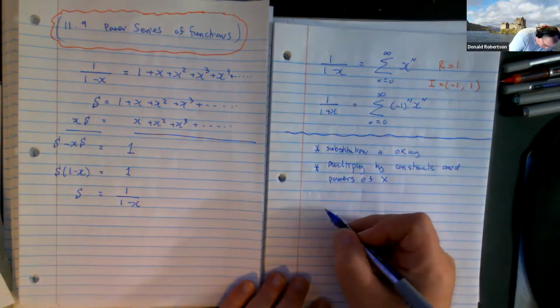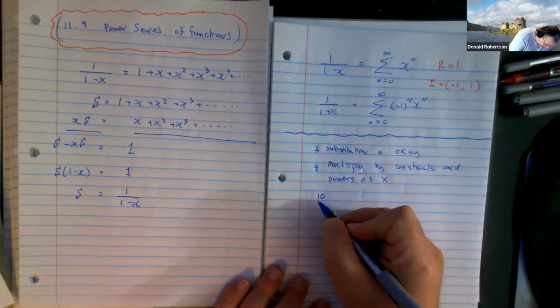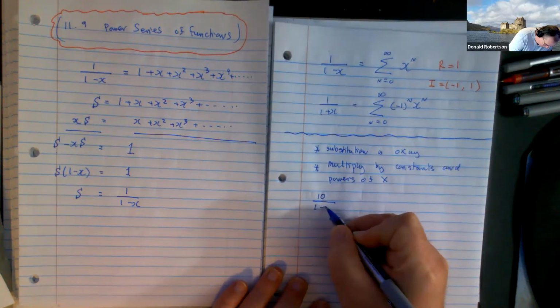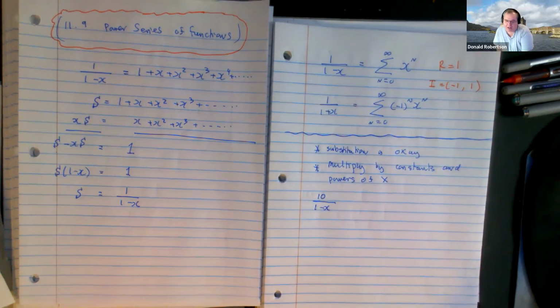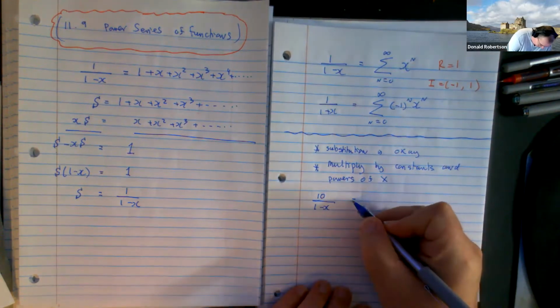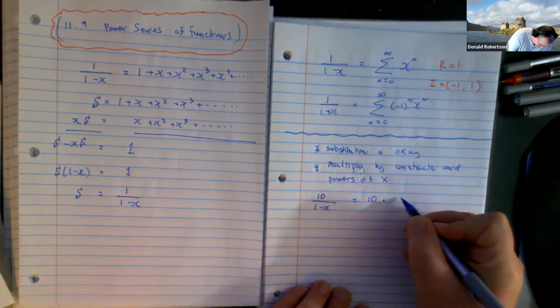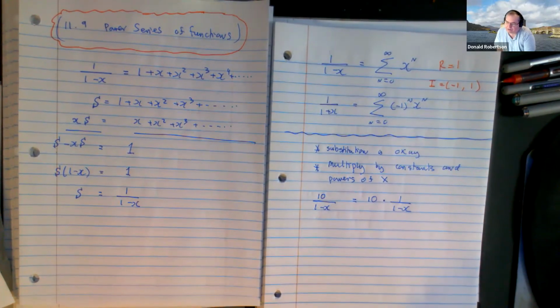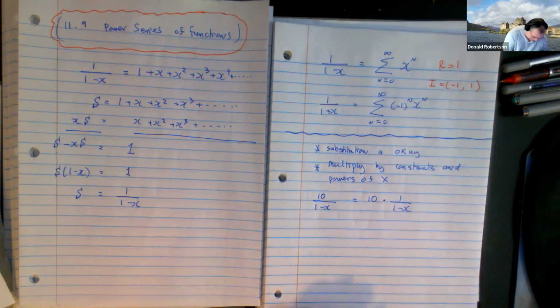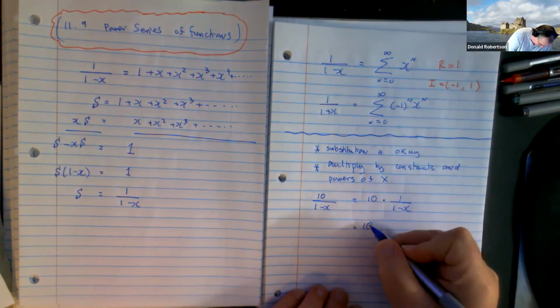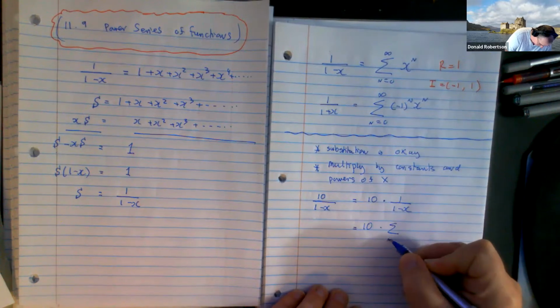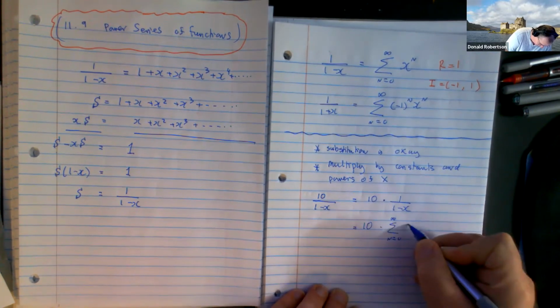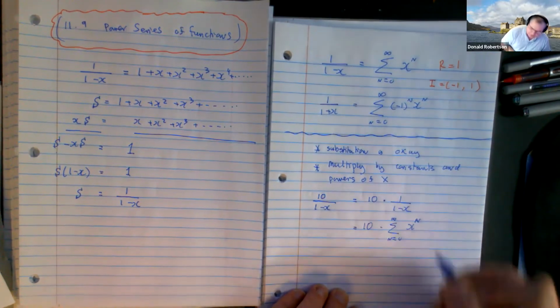So I'll start off with a real easy one. If I wanted to know what the power series of 10 over 1 minus x looks like, it would be 10 times that guy. Agreed? This guy is the power series there.